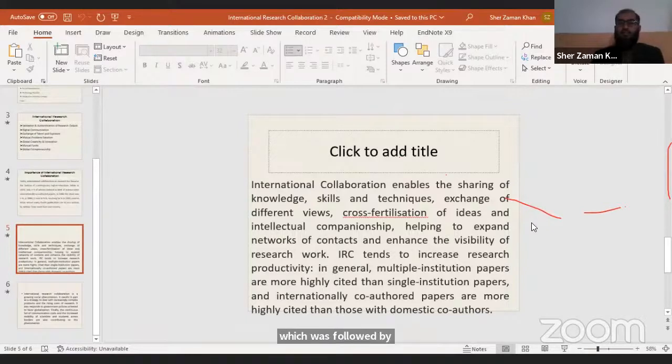As you know, international collaboration enables the sharing of knowledge, skills, techniques, different views, cross-fertilization of ideas and intellectual companionship. It helps to expand networks of contacts and enhance the visibility of research work.